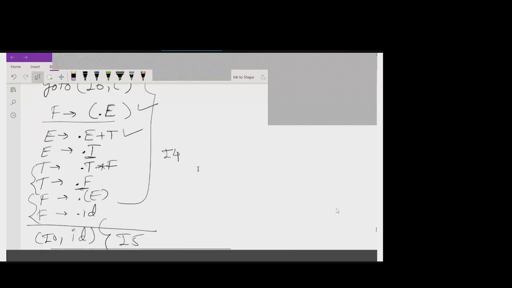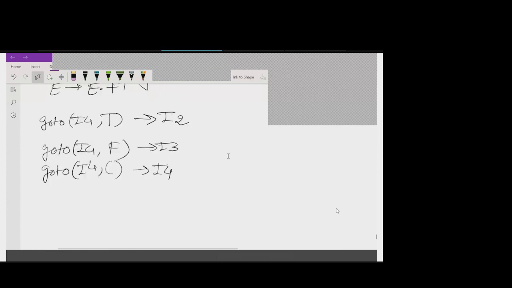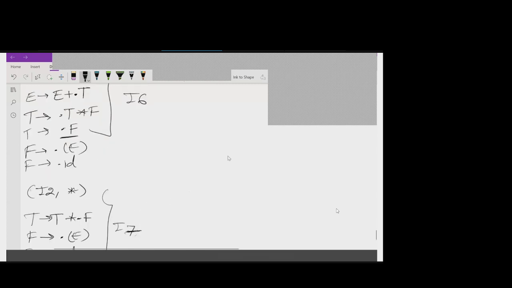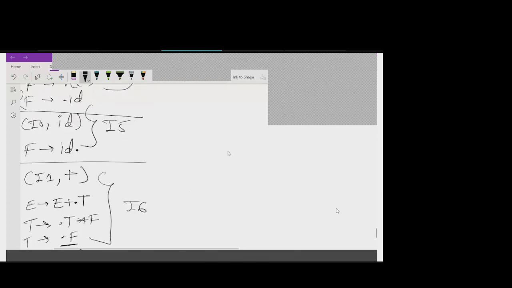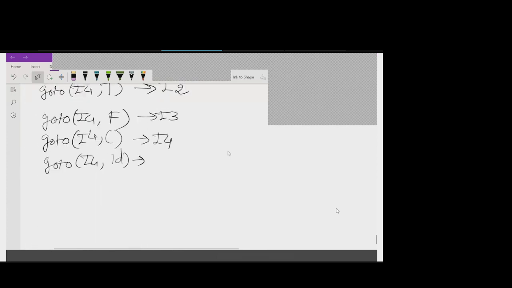Same production as I4. Then what would be the next thing? Go to I4 comma ID and you will get the same production as I5. Okay? So now this I4 is completed, but all states are repeated.